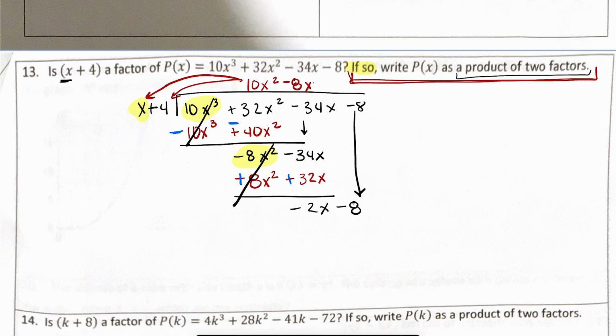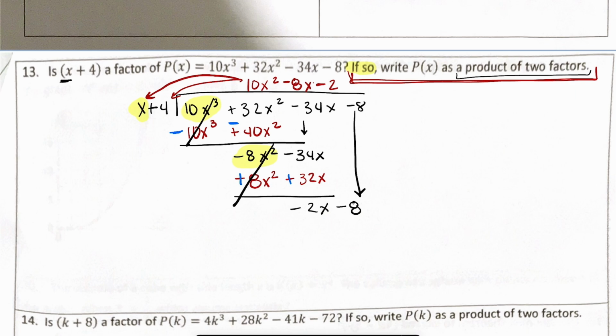Bring this down here. Same thing, whatever the sign is, we start off here. So negative 2x, what do I multiply x with to get negative 2x? It's negative 2.